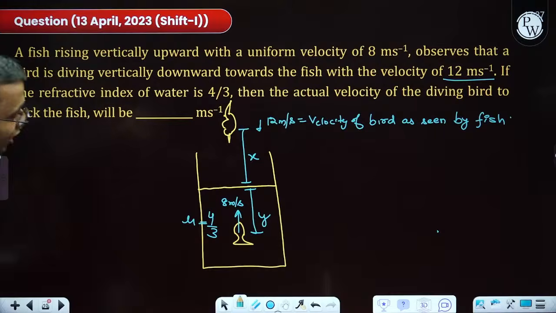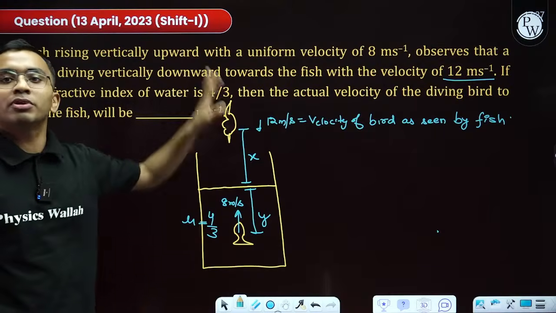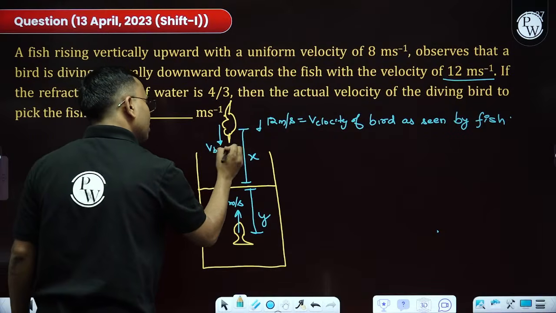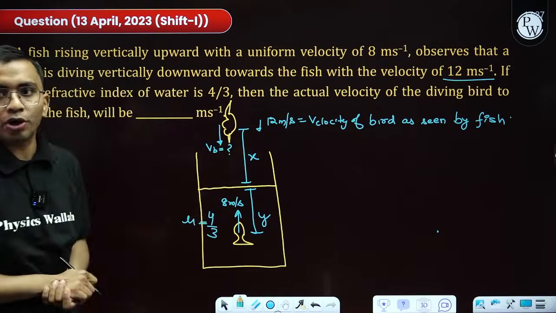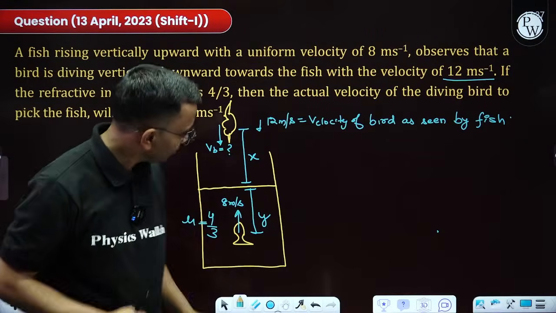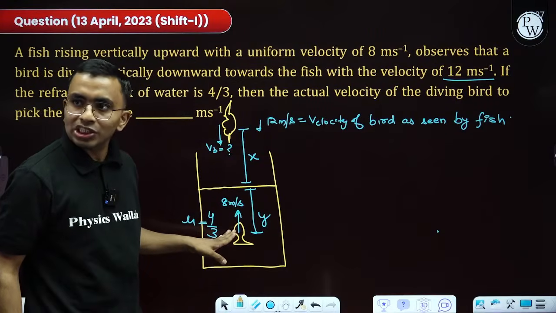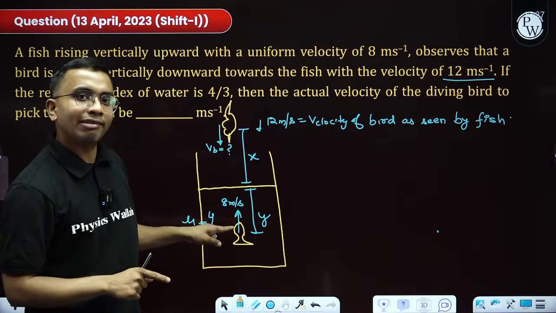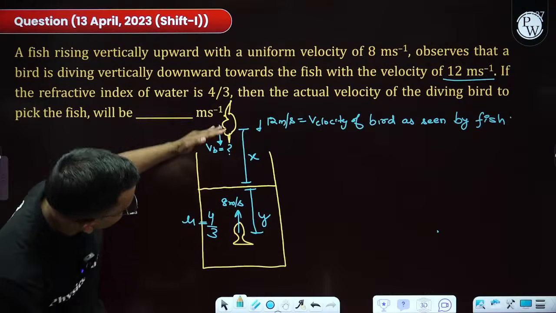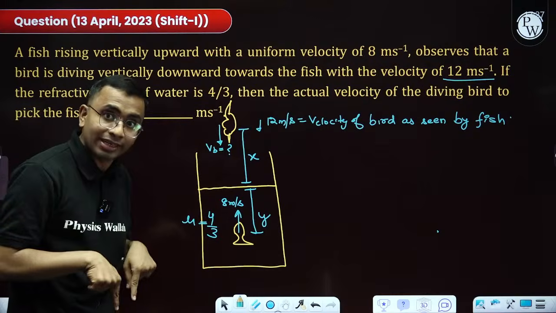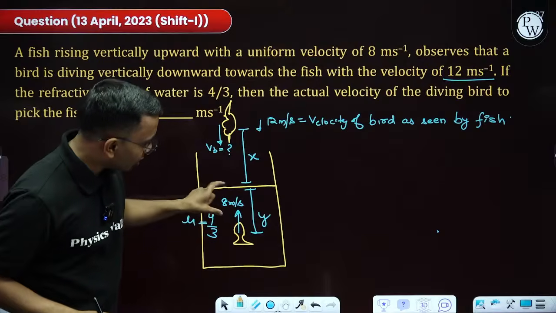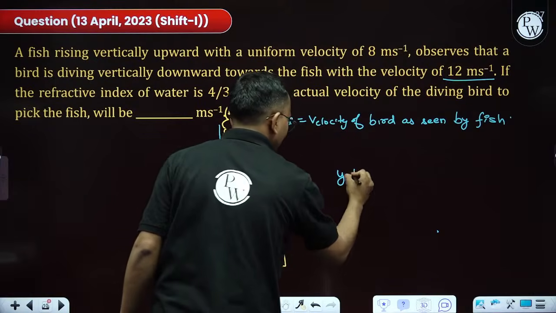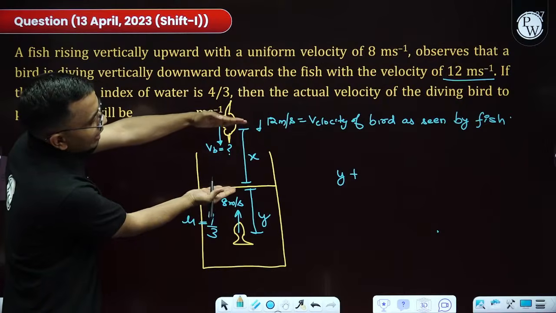We need to find the actual velocity of the bird. Let us take this velocity as v bird. If I ask you to sit on the fish and tell me the apparent height, you are inside the water and you will say this is y, plus this, which is in air.